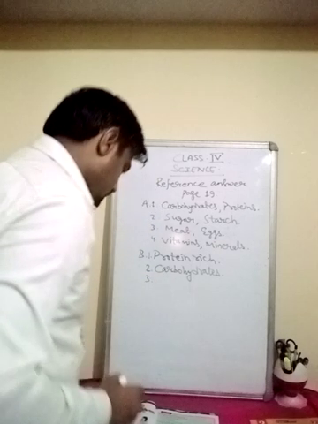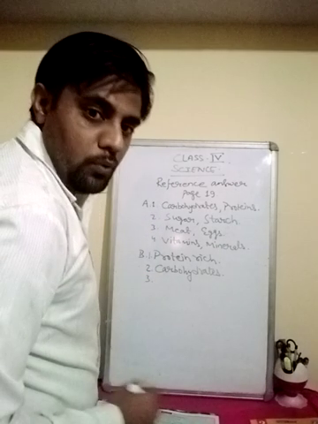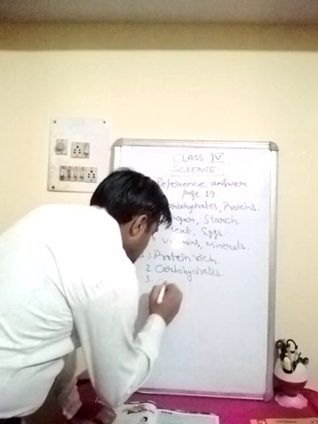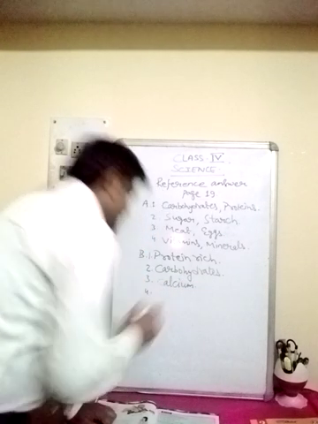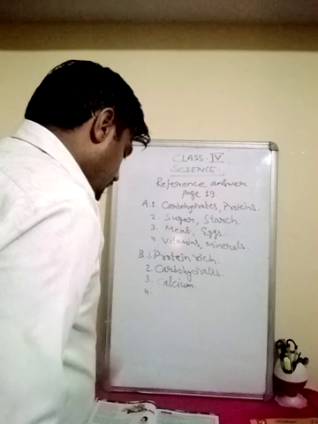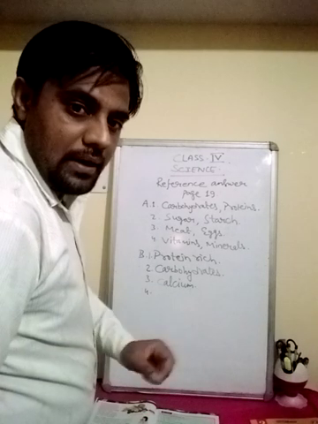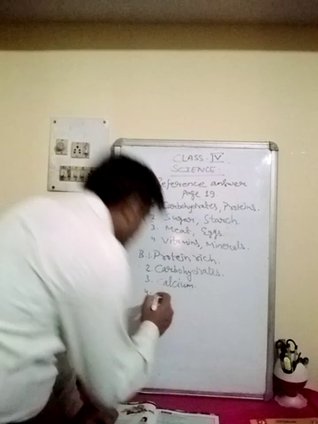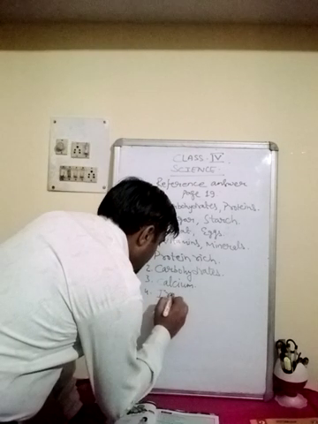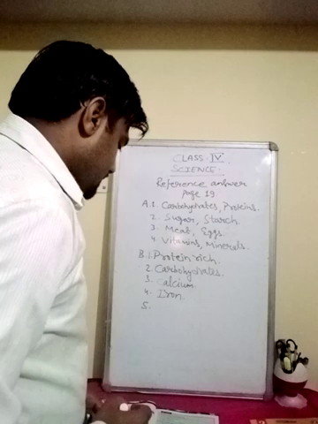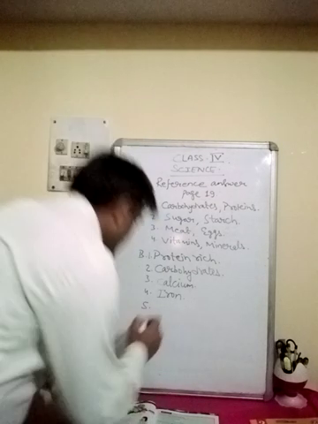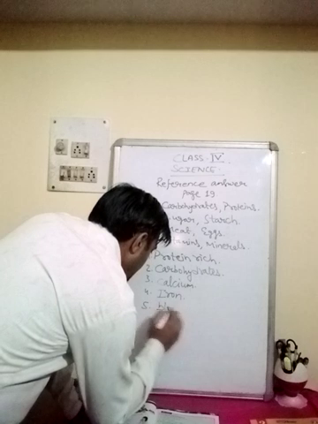Number three, dash is needed for formation of bones and teeth: calcium. Number four, dash is an essential part of blood and other bodily fluids: iron. And number five, iron is needed for formation of blood.